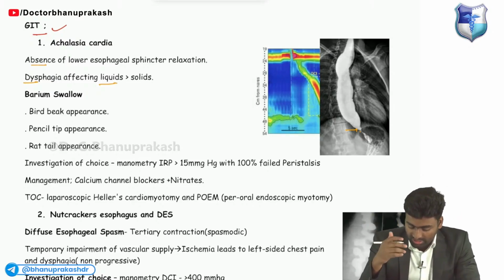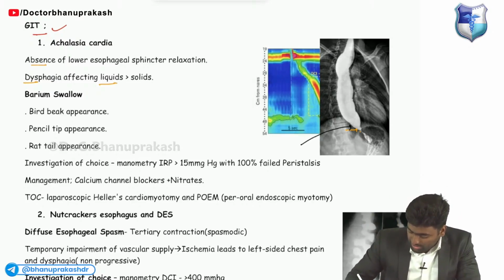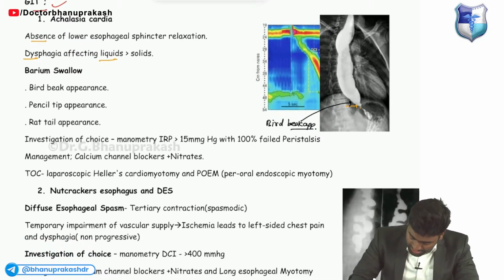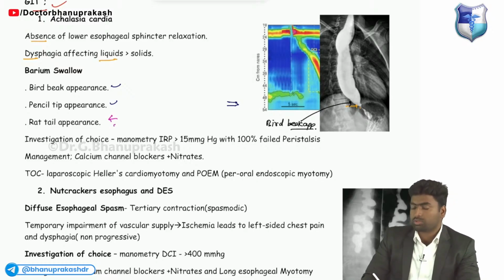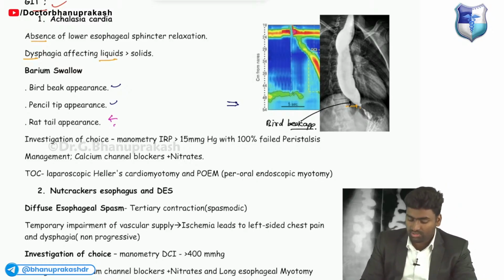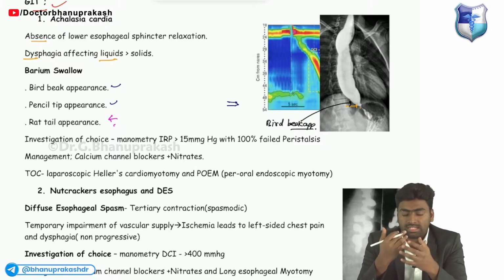It produces a bird beak appearance on barium swallow. Because of the tapering it is also called pencil tip appearance, and sometimes rat tail appearance. But rat tail is often confused with carcinoma esophagus, so we less often use it.